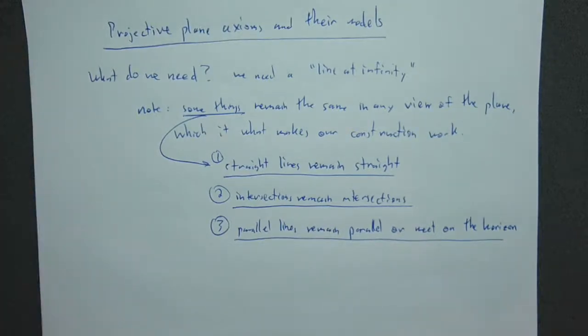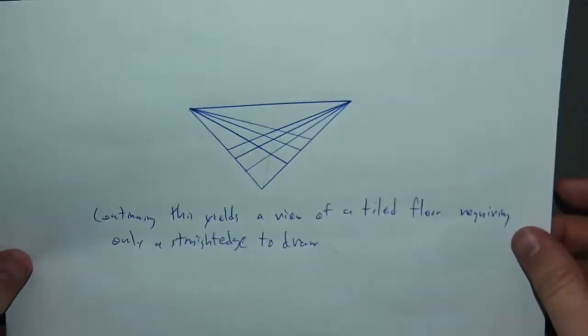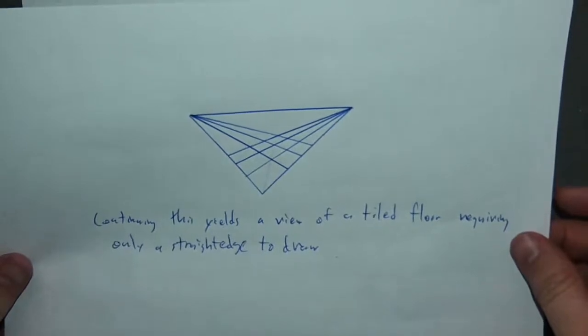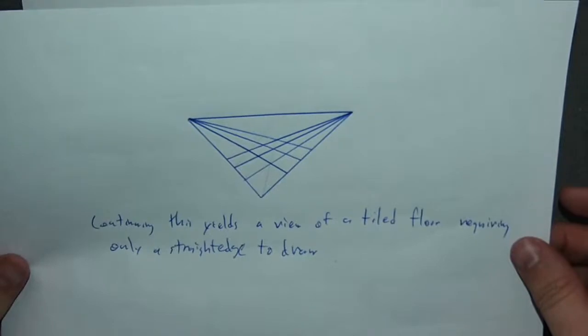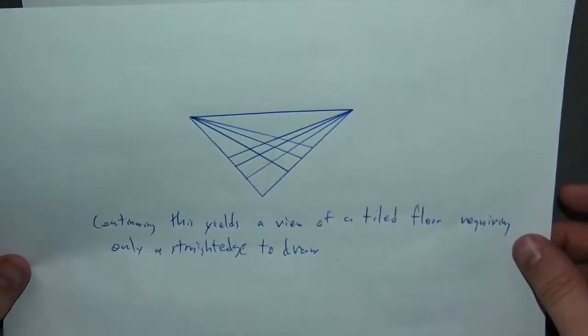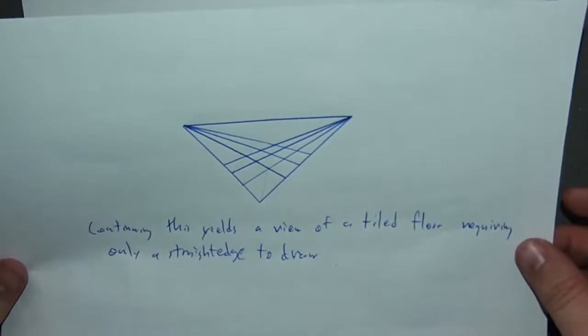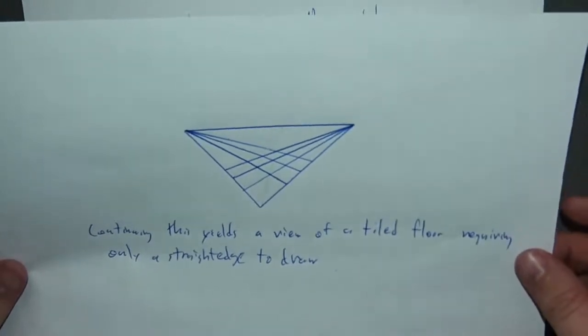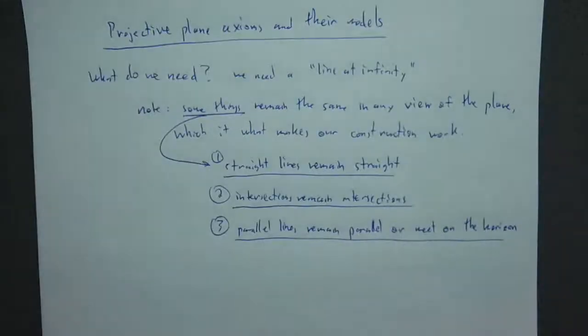Now, again, you might look at this and say, well, how would two lines be parallel and not meet on the horizon the way that I'm looking at this? Which is a good thing to notice, that if you point yourself in the right direction, then all parallel lines meet on the horizon.